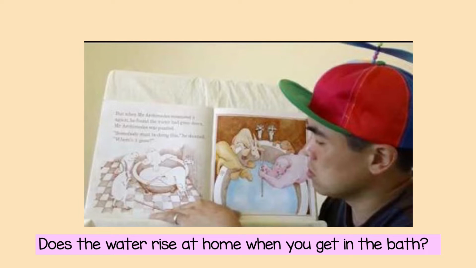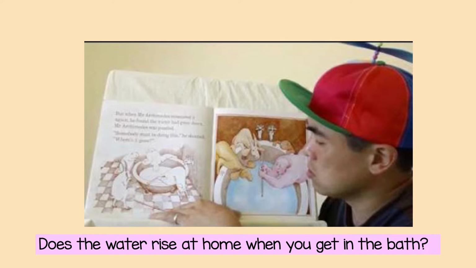Where did all this water come from? Bellowed Mr. Archimedes. I don't know, said Kangaroo. It's not my fault, said Goat. I didn't do it, said Wombat. But when Mr. Archimedes measured it again, he found the water had gone down.